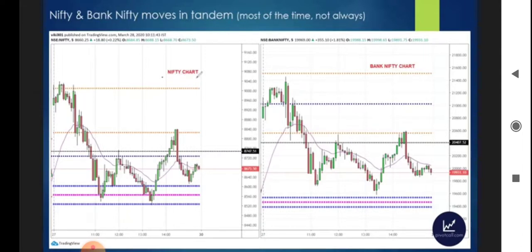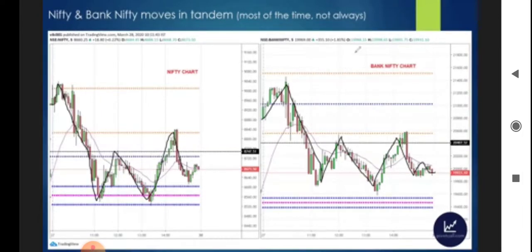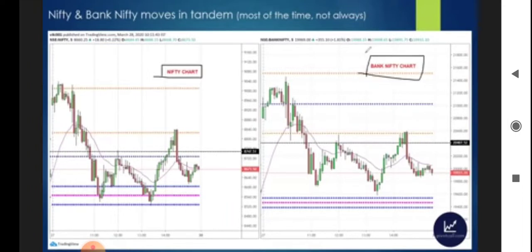This is a March 27 chart on the 5 minute time frame, Nifty, and this is Bank Nifty. Just look at the price action for a second. Almost an exact photocopy, right? You can see the same kind of price action in both. If you didn't know which was which, you may think both are the same chart. No, both are not the same. This is Nifty, this is Bank Nifty.